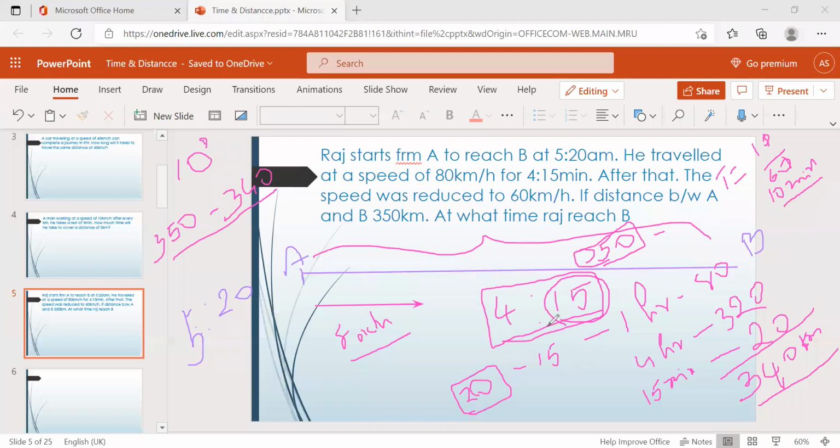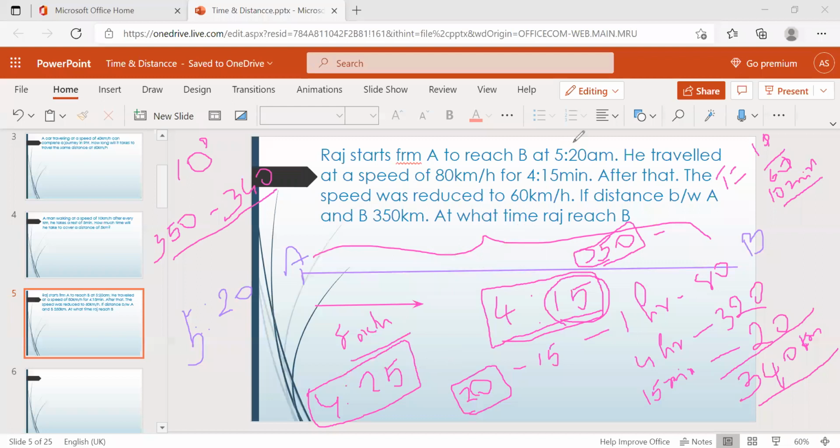So he already took 4 hours 15 minutes and now another 10 minutes. Totally 4 hours 25 minutes he will take to reach B. Now what time are they asking?